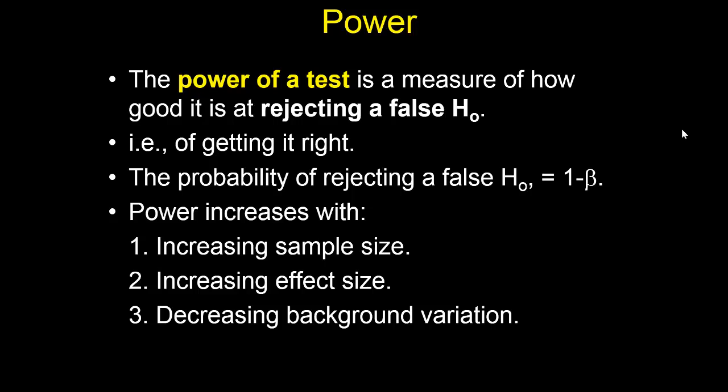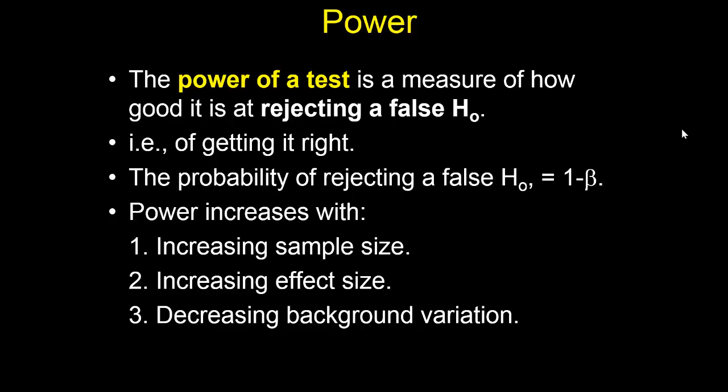Increased sample size, I think you've got that. Say we do the ground squirrels, the more ground squirrels you measure, the more powerful the test is going to be when you use it. If the effect that exists is big, if for example male and female ground squirrels were hugely different in body size, that would increase the power of the test. It would be easy to detect. If there are lots of other causes of variation in the system, causing differences in size in males and females other than sex, and there's less of that, then your test is more powerful.